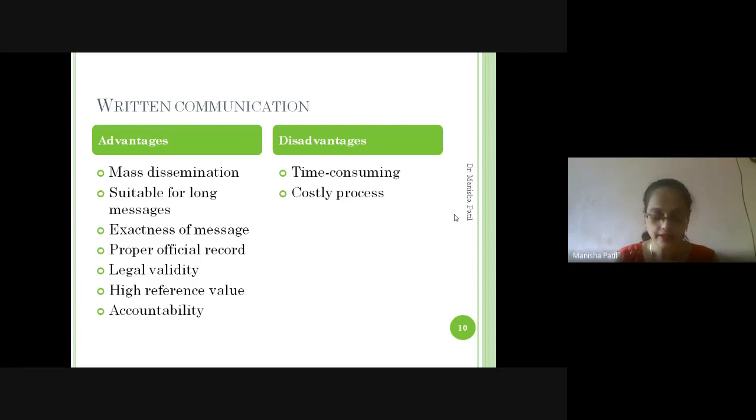So like that, if you compare with speaking, writing is a costly process. It is unsuitable for illiterate people. People who cannot read or write cannot understand the written communication.